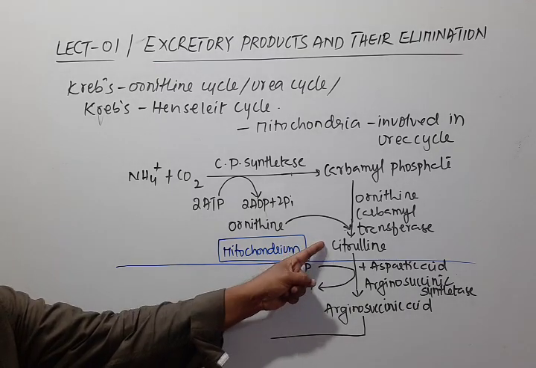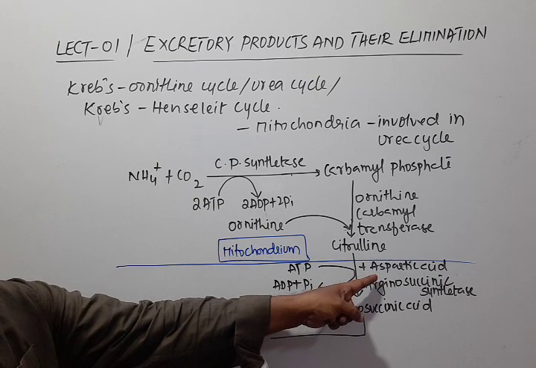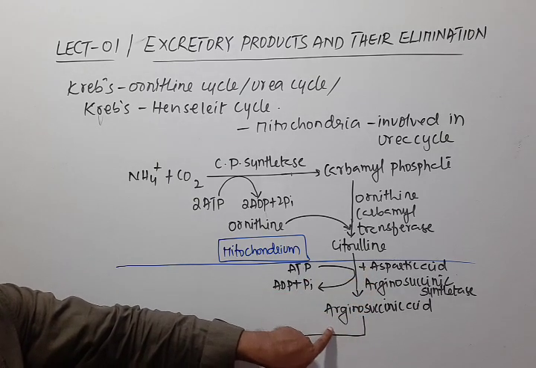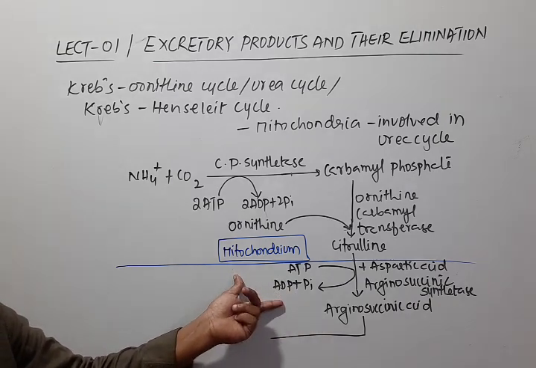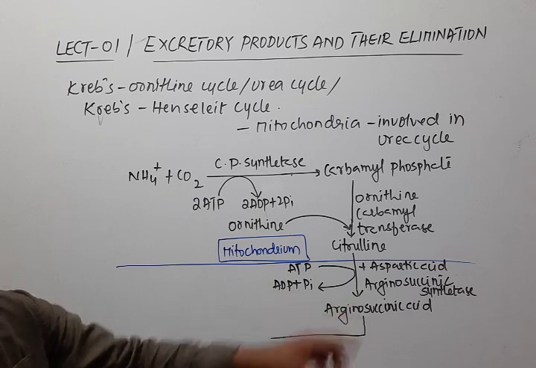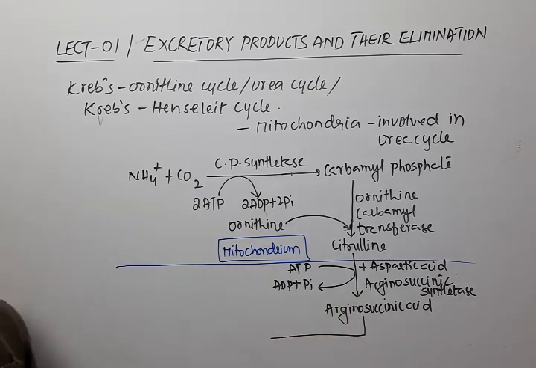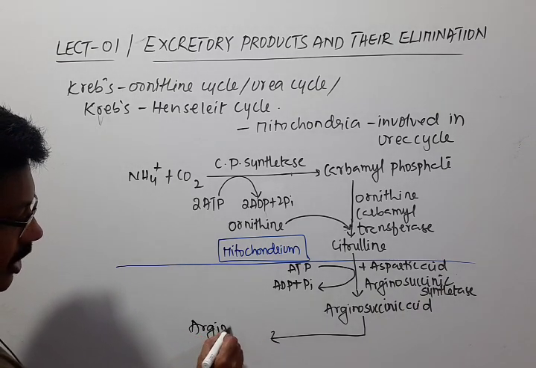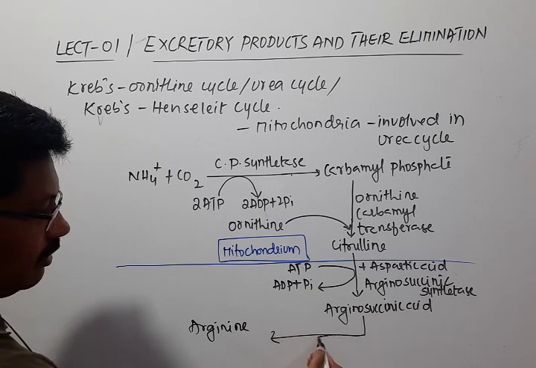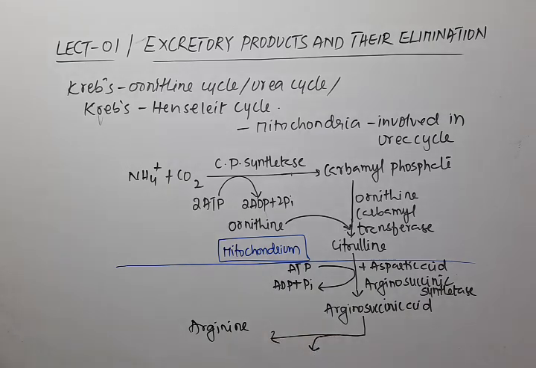The citrulline, along with the aspartic acid, results in the formation of arginosuccinic acid, and here also one molecule of ATP is utilized in the presence of the enzyme arginosuccinic synthetase. This results in the formation of arginine, and it also releases fumaric acid during this process.